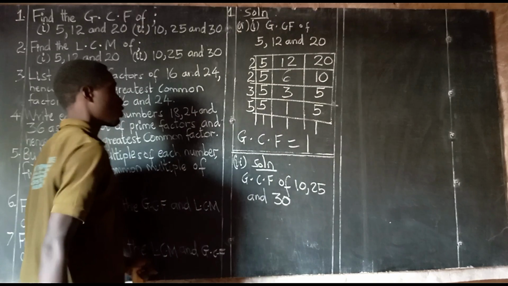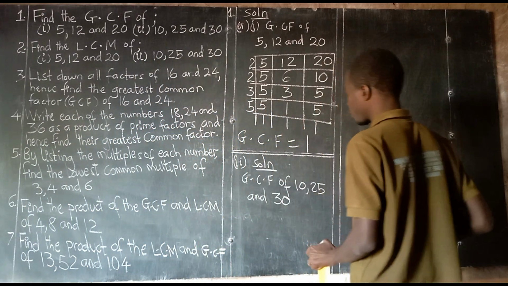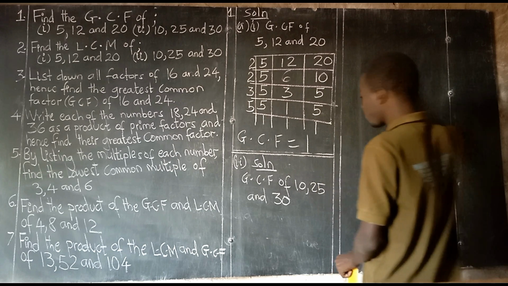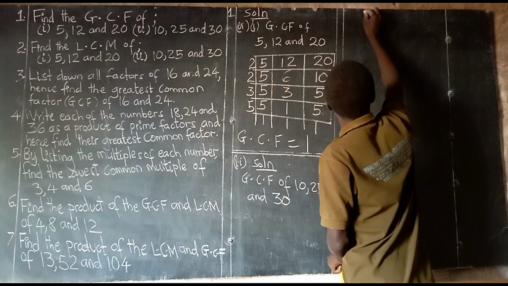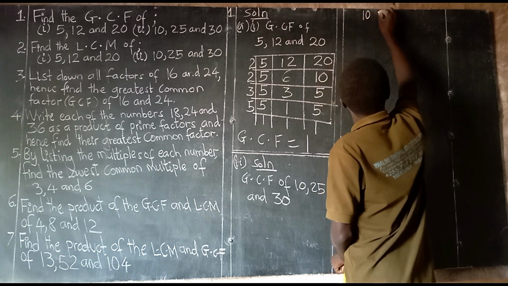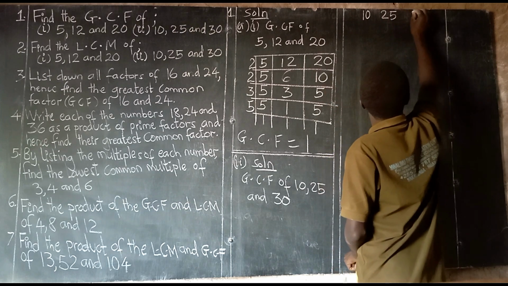The way we go, you have to use the prime factors as I have told you before in the first solution. So here we are going to arrange them as follows. We have 10, 25, and 30.